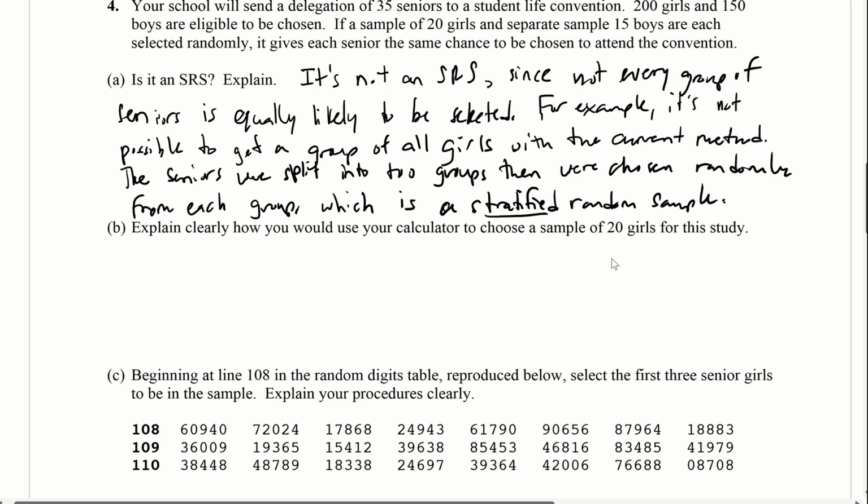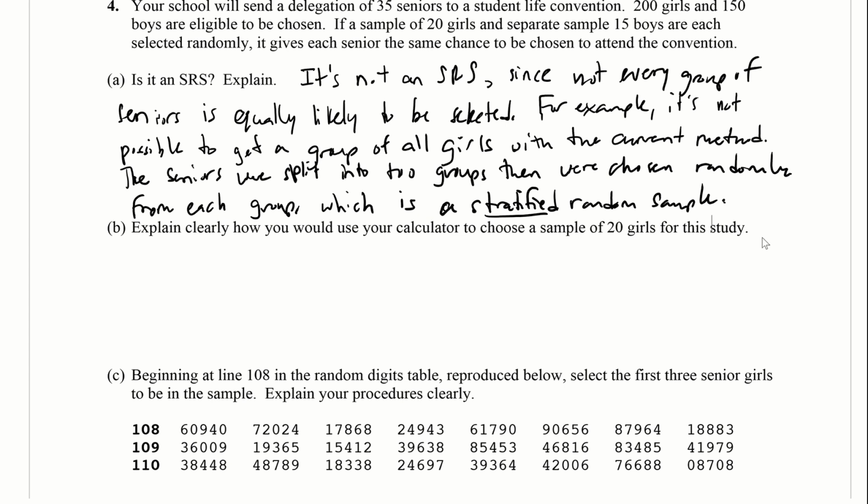Then you'll be fine. Now explain clearly how you would use your calculator to choose a sample of 20 girls for this study. Now, you don't have to, I mentioned on the day of the quiz that for your calculator, for this question, technically they're looking for a calculator command in order to do this.